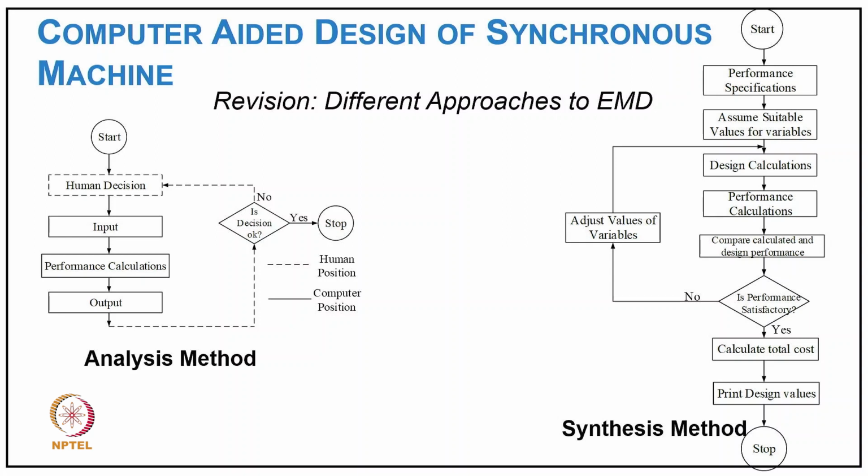To start with, performance verification, considering suitable values of variables, then design calculation, performance calculation, compare calculated and design performance, and is performance satisfactory? If yes, total cost, then design values. If no, then adjust the values of variables, and this goes on in an iterative method to get the final optimum design.